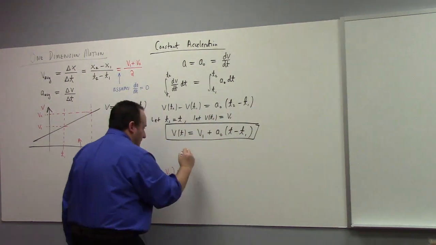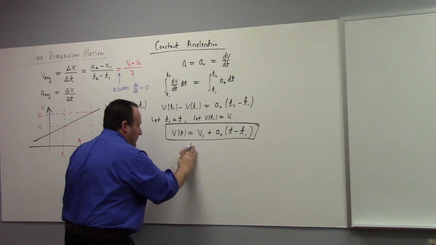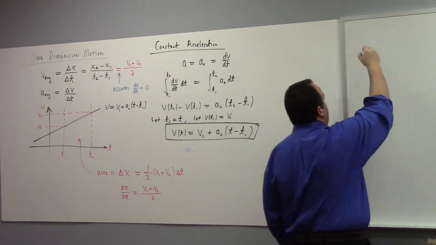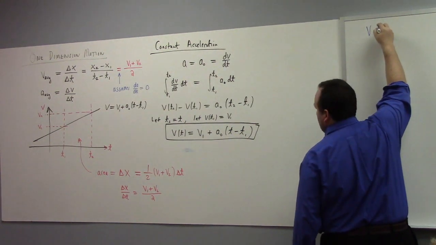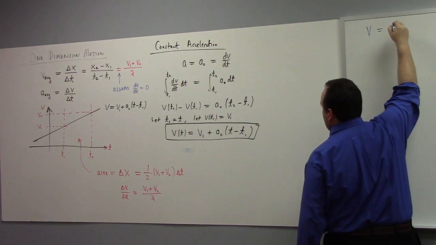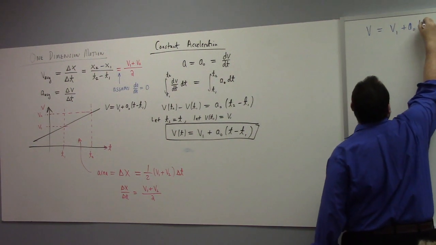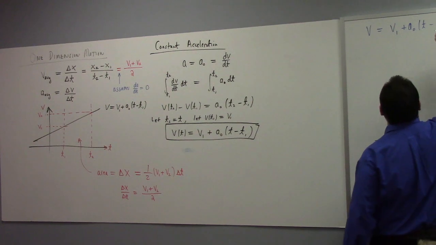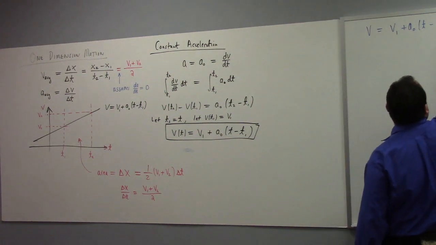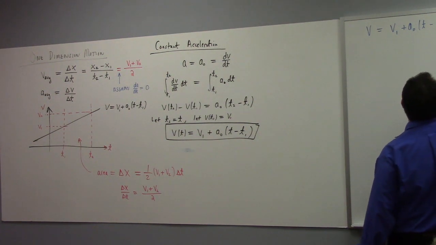So, of course, v of t, well, let me do it up here. I'll just say v is equal to v1 plus a sub 0 times t minus t1, right? And that's equal to what? That's equal to dx/dt.